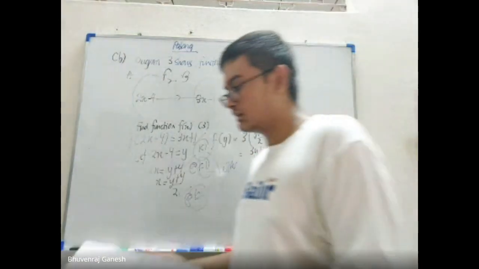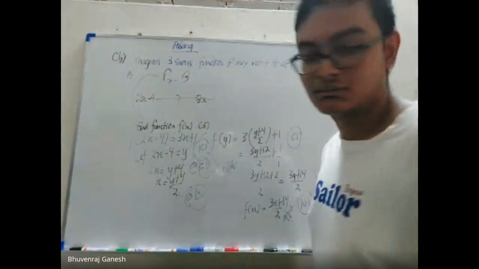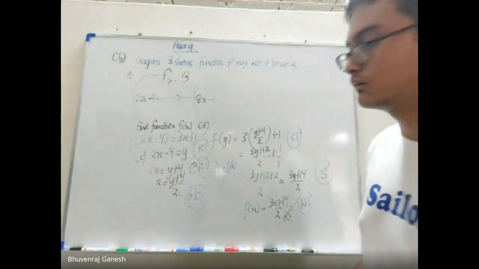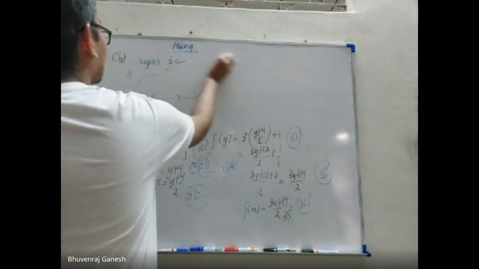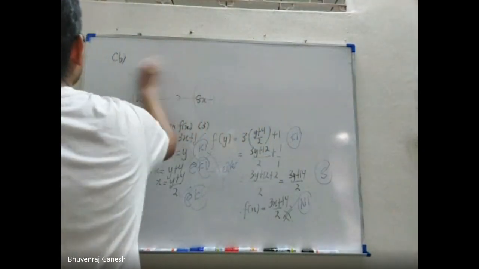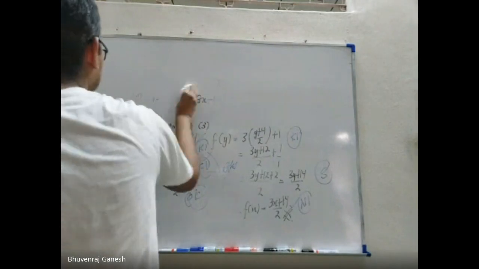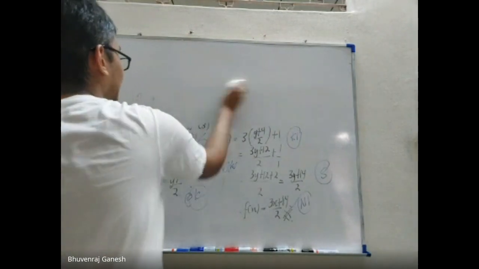So the next one, this is quite a nice question, I like it. And I've also told this in the composite function video. I did a section on it, and it came out in the Perak trial paper. So this is the last trial paper for today.